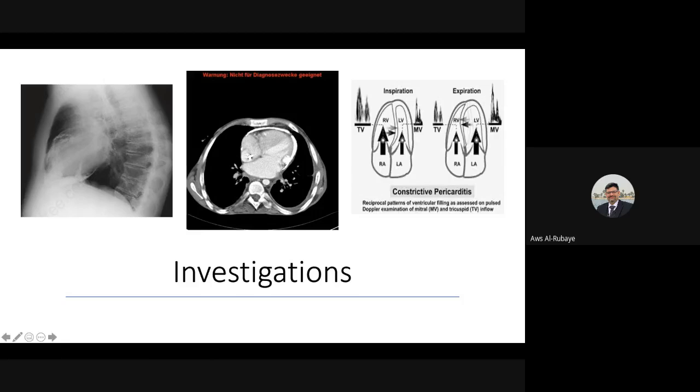This figure shows the physiology of ventricular interdependence. This is septal bounce. During inspiration, the septum bulges towards the LV, and during expiration, the septum bulges towards the RV.